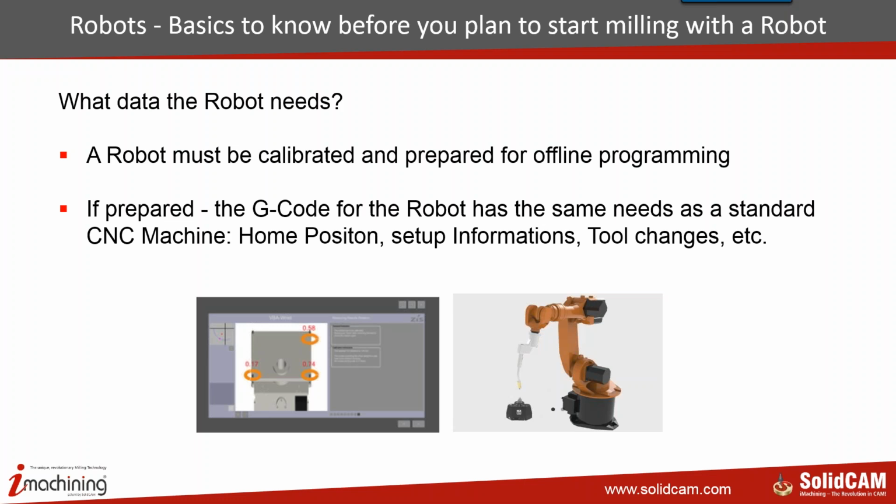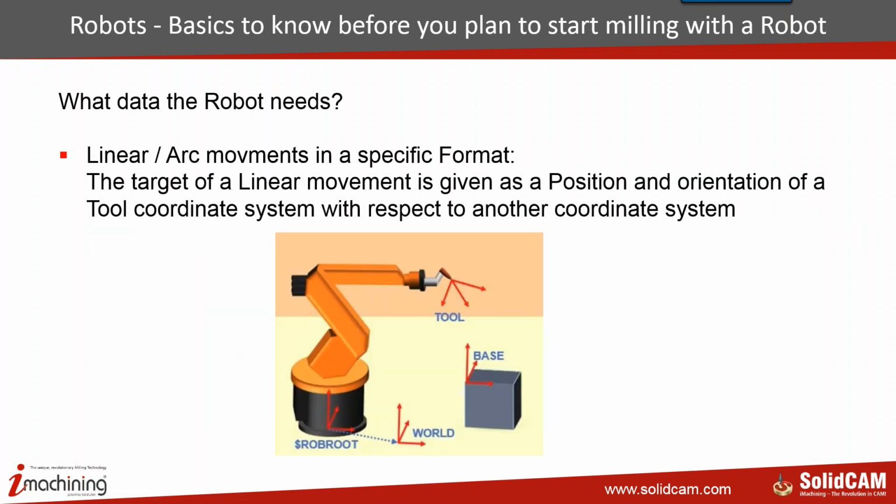What you should know is that a standard robot used for milling operations needs to be calibrated and prepared for offline programming. If prepared well, then a G-code for the robot has the same needs as a standard CNC machine: home position, setup information, tool changes, etc. We need to understand that the linear and arc movements have to be given in a special format.